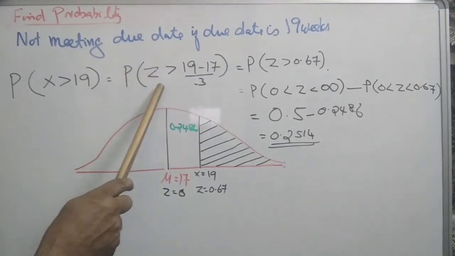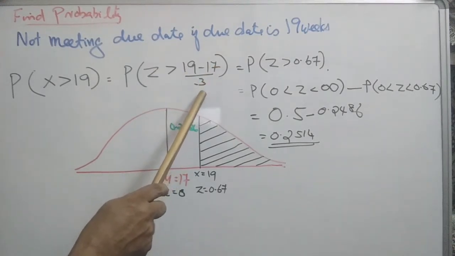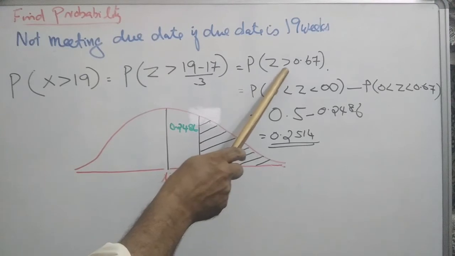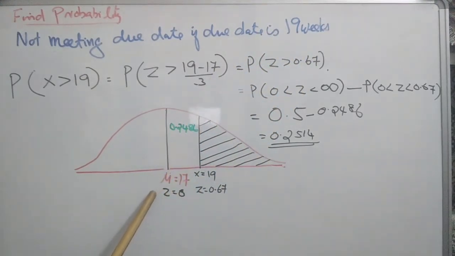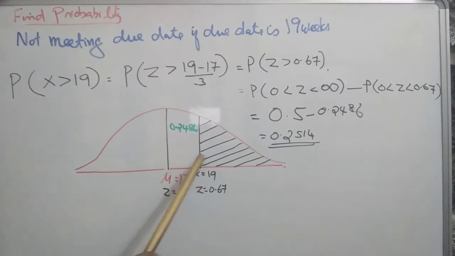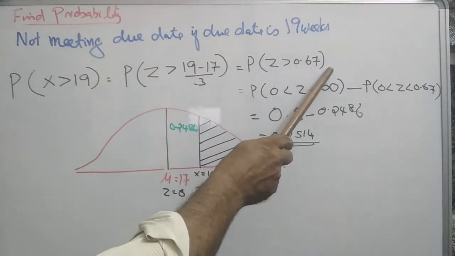That is Z is greater than (19 minus 17) by 3. That is Z is more than 0.67. Then we go for the standard normal curve. Mu is 17, so X is 17 here. X is 19 here. The area is more than 19, to the right of 19. That is to the right of Z equals 0.67. That is probability of Z is more than 0.67.